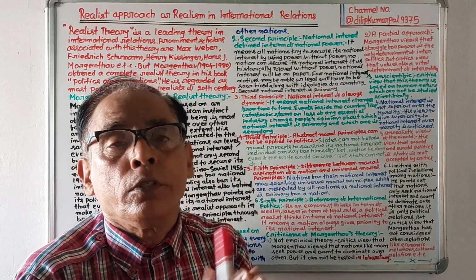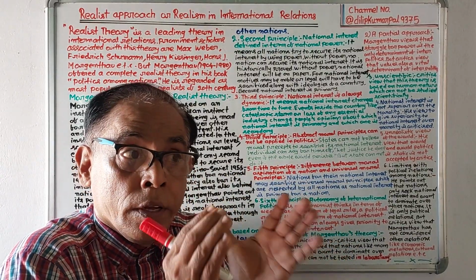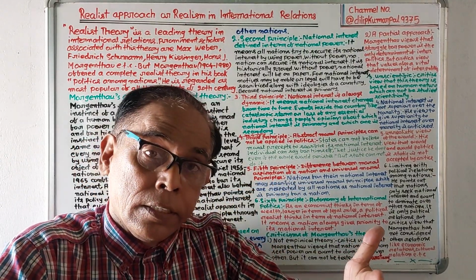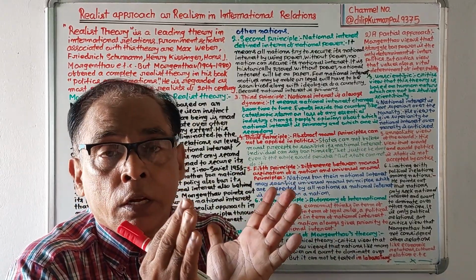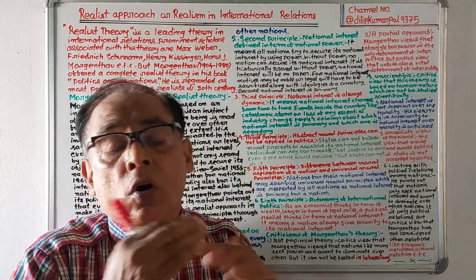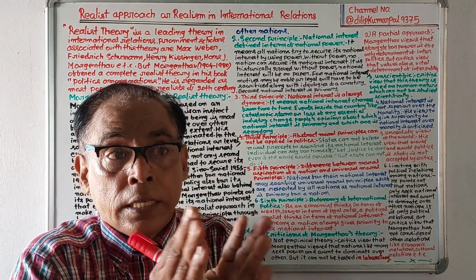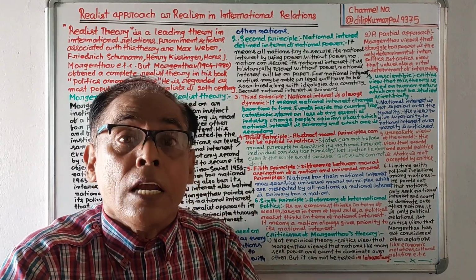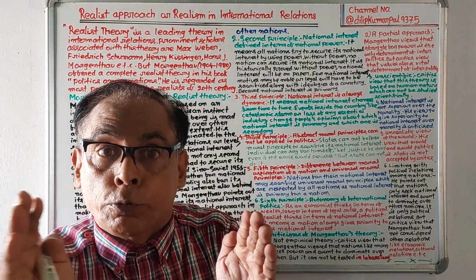The sixth principle of Morgenthau is that in the real world, a nation counts everything on the basis of national interest, just as an economist counts everything on the basis of wealth, or a lawyer on the basis of law. So Morgenthau says that in the actual world, every nation follows these six principles.